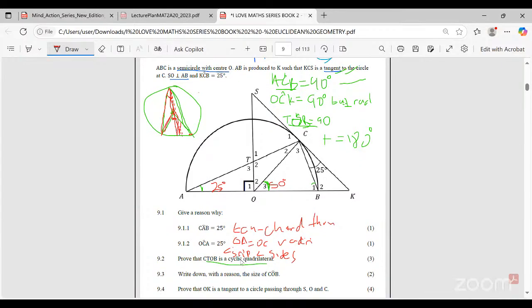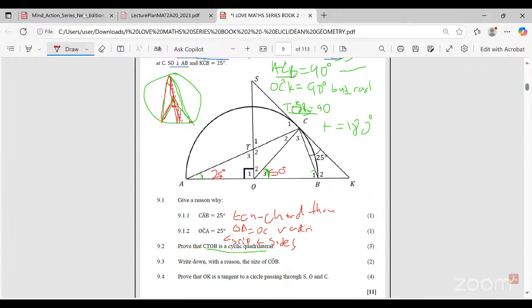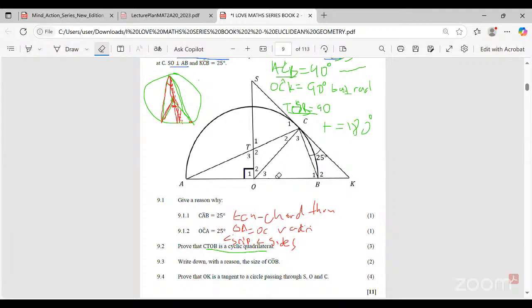Yeah. So the last one, 9.4 here, is saying, let me erase this. This one is just saying prove that OK is a tangent to the circle that passes through SOC. Then where is SOC?